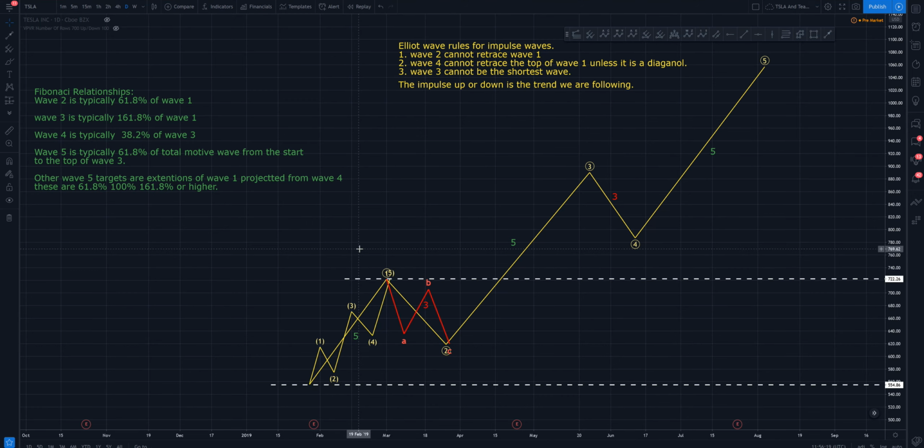This is to help you identify waves of greater and lesser degree. A subwave here is the intermediate wave 1, 2, 3, 4, 5 in its bracketed form. The wave 1, 2, 3, 4, 5 in its circle form is the primary wave. And there are a multitude of waves above this level and below this level.